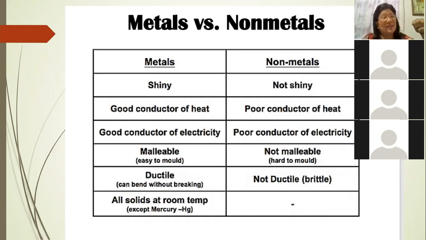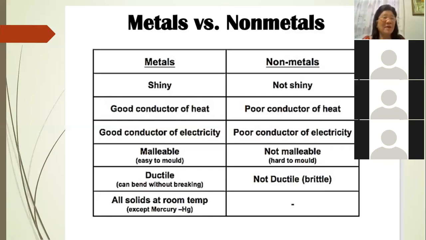The ladle is made of aluminum. At the end of the ladle, the holder is mostly made of plastic, because plastic is an insulator. It is a non-metal. If it were all metal, what would happen? You put it on the pan, then you cook, and when you hold it, it is very hot. Why? Because metals are good conductors of heat and electricity.